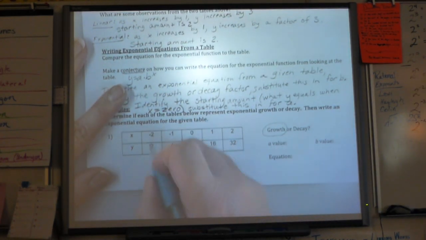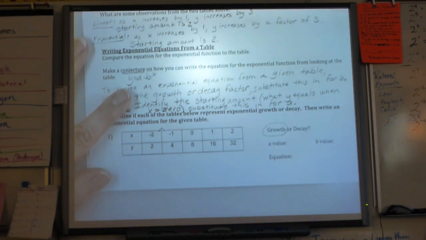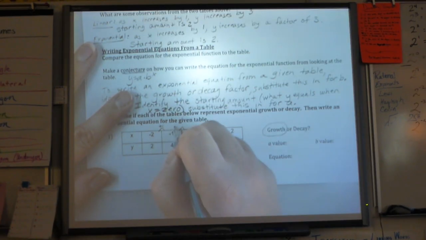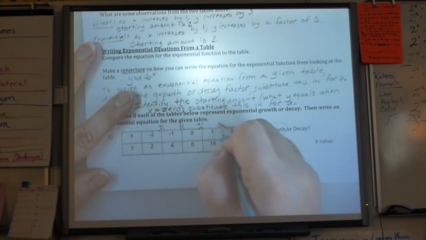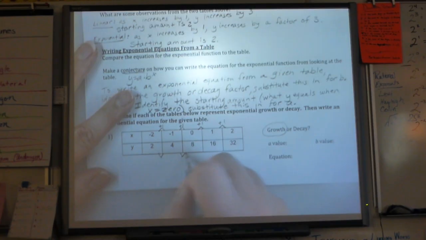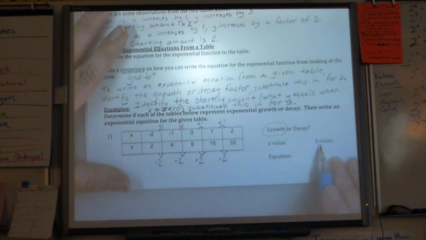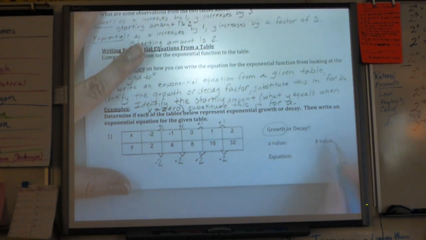As x increases by 1, what happened to y? It doubled. It was multiplied by a factor of 2. So that's our growth factor, the b, the base of the exponent. So b equals 2.